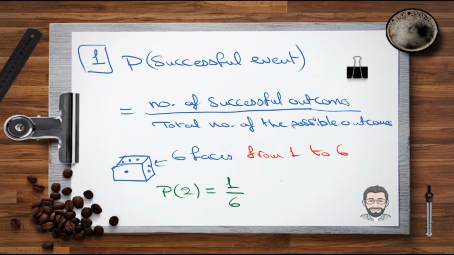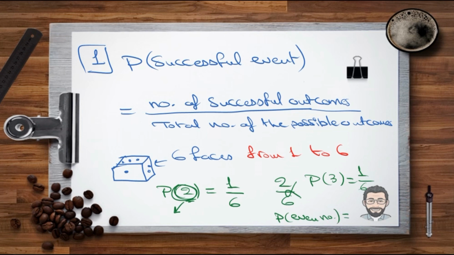It's not allowed. A lot of students make the common mistake of writing 2 over 6 because you have here 2. No, I'm asking you for just one face, which is 2. So this is going to be wrong. So when I ask you the probability of appearing 3, you have to write 1 over 6 too. Okay? So the probability of appearing an even number on the dice is going to be what?